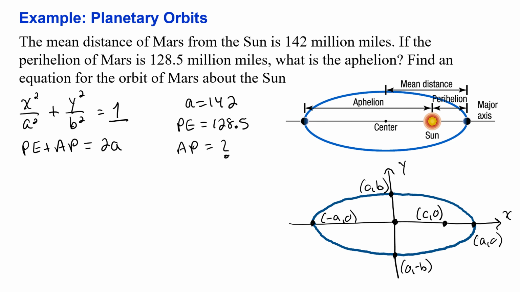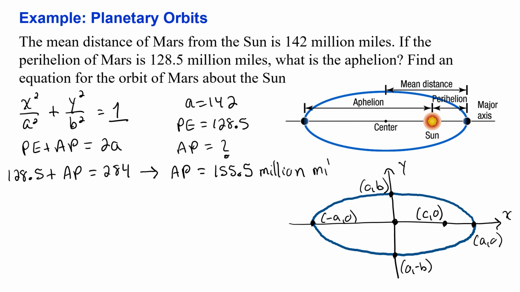We know the value of PE and the value of a, so this equation becomes 128.5 plus AP equals 284. Subtracting 128.5 from both sides, we calculate the length of the aphelion as AP equals 155.5 million miles.